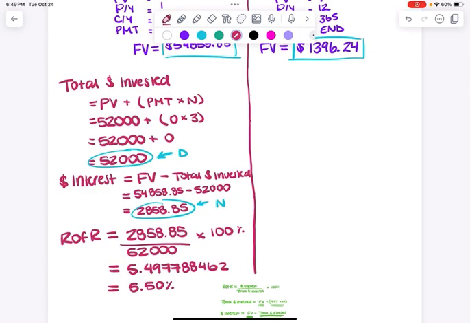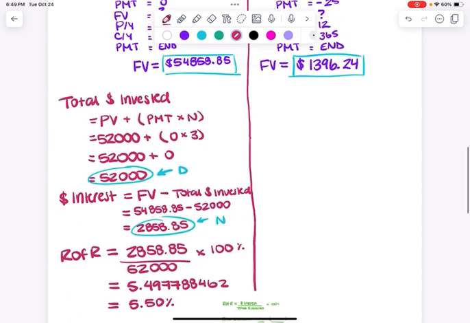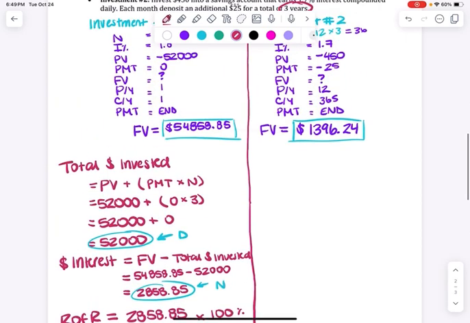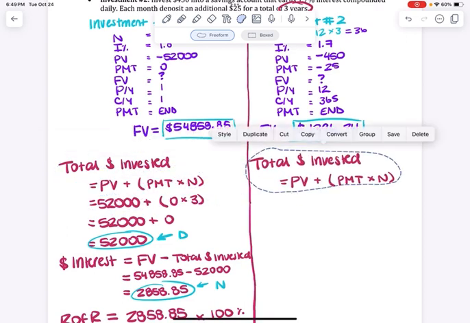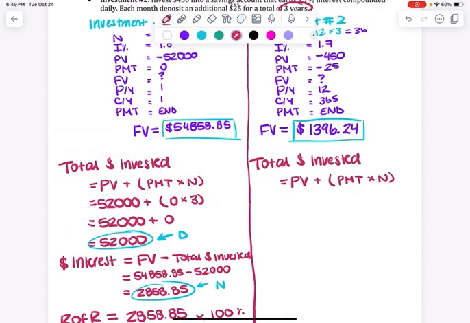But I'm going to follow the steps in the same way. So let's start out with my total invested. My total invested is calculated in the exact same way. I take my PV and I add it to the value of PMT times N. Of course, both of those numbers are positive. In this case, my PV, I had an initial deposit of $450.